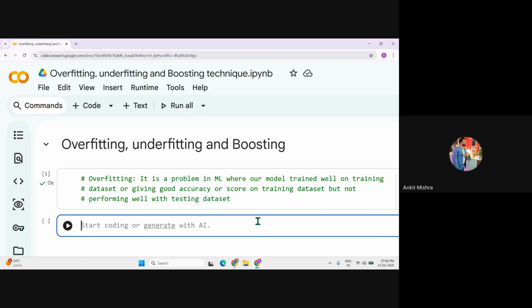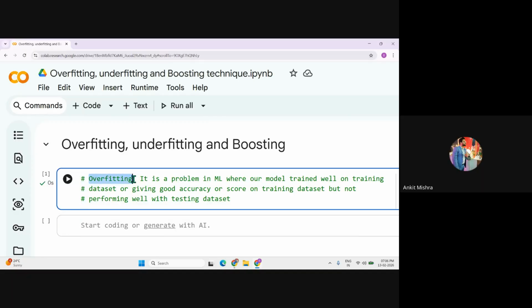If our model performs well on the training side, getting an accuracy of 100% on the training side, but when we test our data, we are not getting good accuracy or a good score, in that case we say our model has a problem of overfitting. So overfitting is a problem in model training where the model performs well on the training data set, but it is not performing well on the testing data set, right?